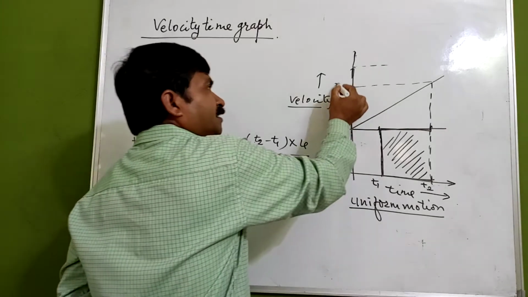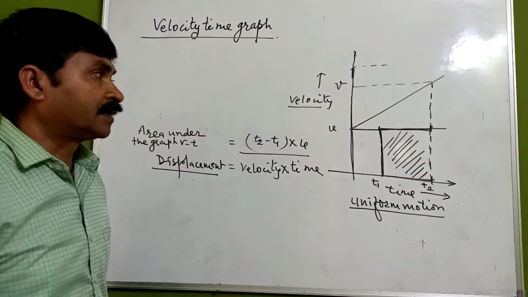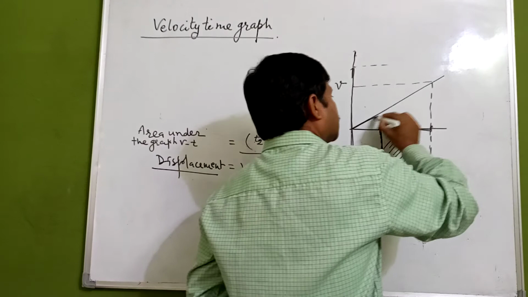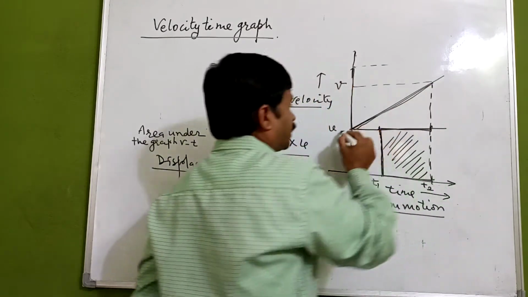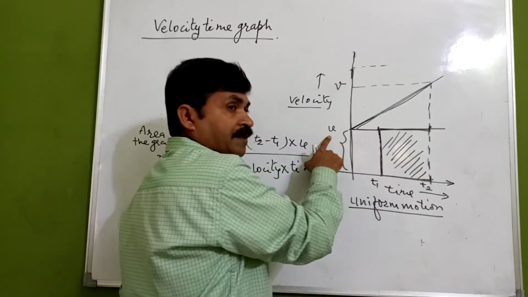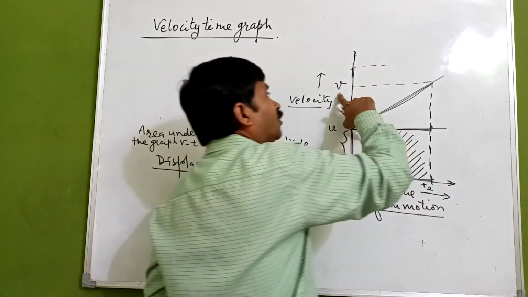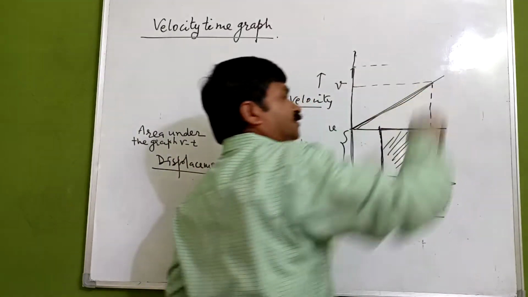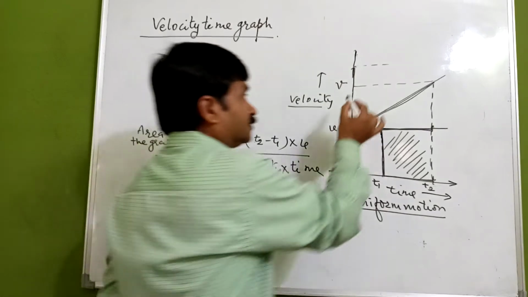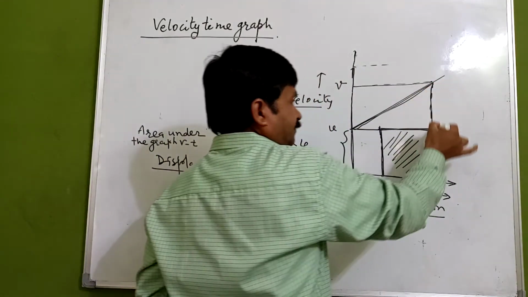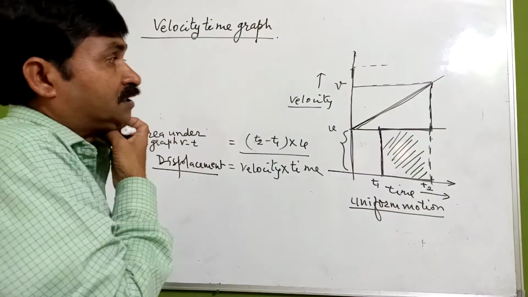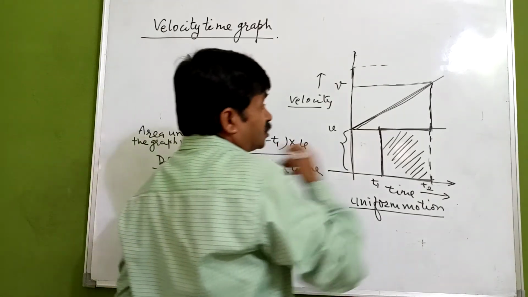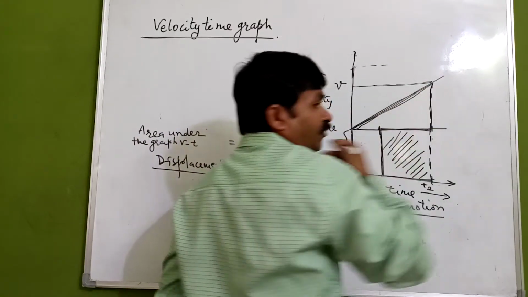Now we are taking it as V. Now if we go with this line, it started with some initial velocity. यहाँ पे एक initial velocity से start हुआ है V. There is a change in the velocity. Now if we go with the slope under this graph, what we are going to have, that we will see now.